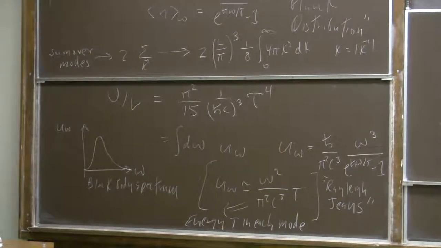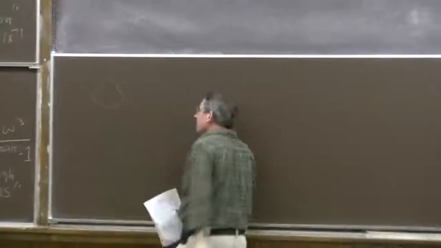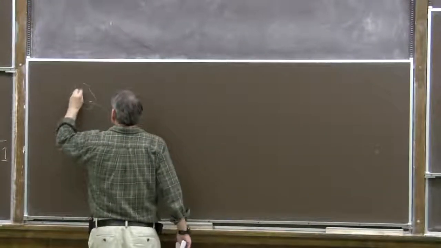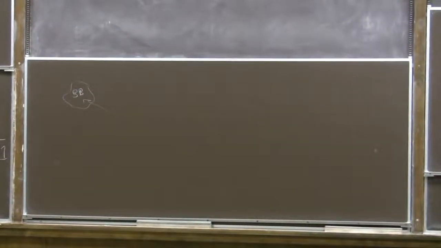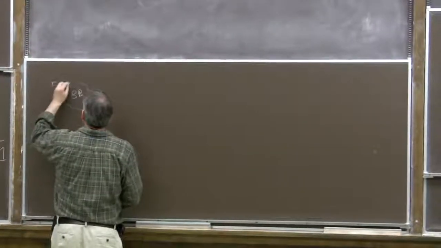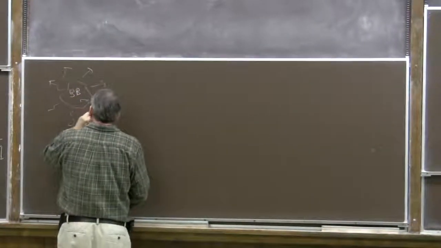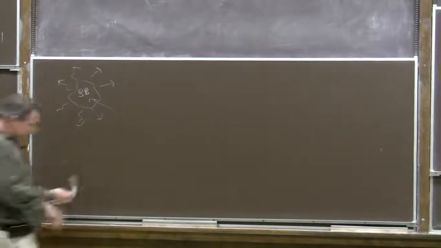So, let's see. And one other thing we talked about was why we call it the black body spectrum. A black body is one that absorbs any photon that is incident on it. If a black body is in contact with a reservoir, so it comes to equilibrium at temperature tau, it will emit radiation with this characteristic spectral distribution determined by the temperature.